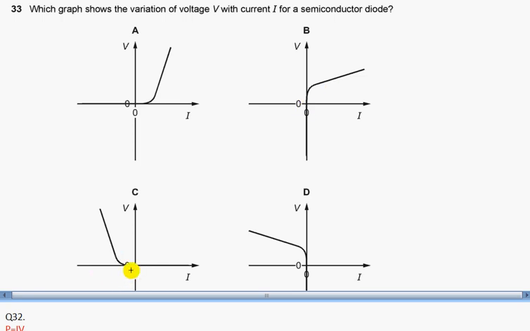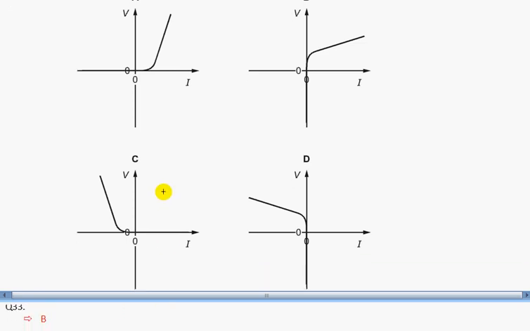Here voltage increases dramatically, here voltage increases dramatically. They just put the axes rotated, and the answer is B. So answer 33 is B. Straightforward.